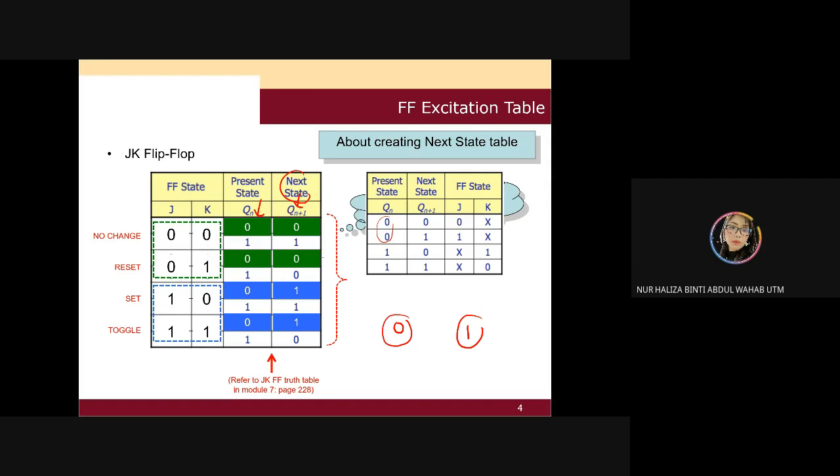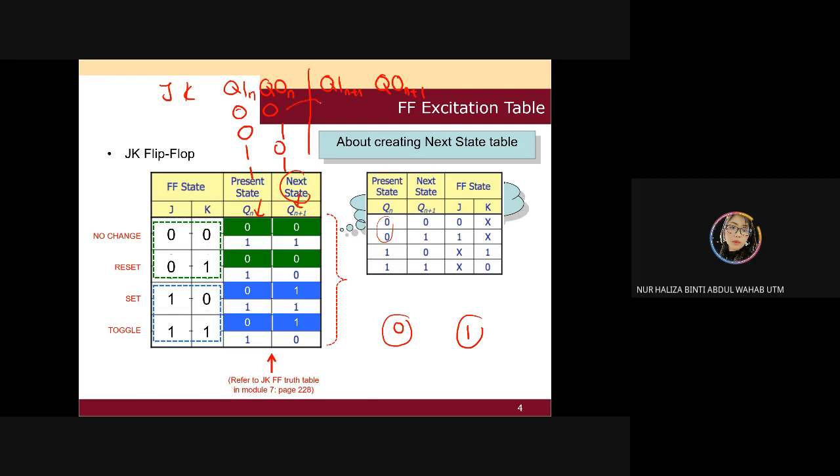If you have two bits, you're going to have JK, Q1N and Q0N. And the next one is Q1N plus 1, Q0N plus 1. Then you're going to have 0, 0, 0, 0, 1, 1, 0, 1, 1.